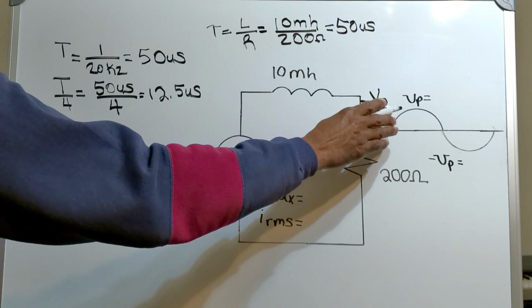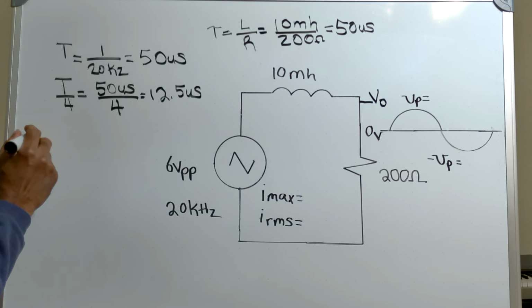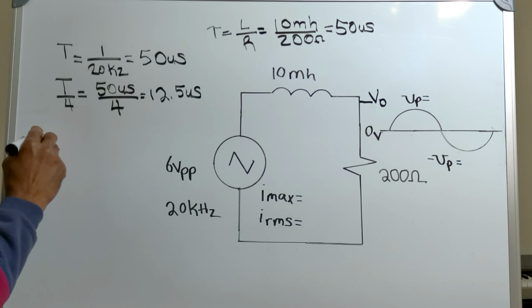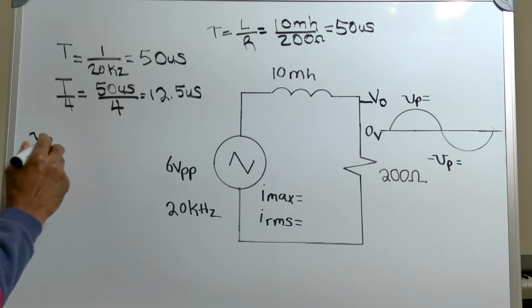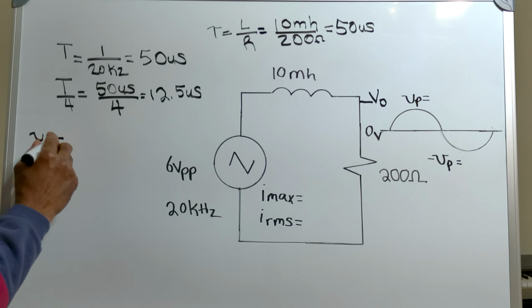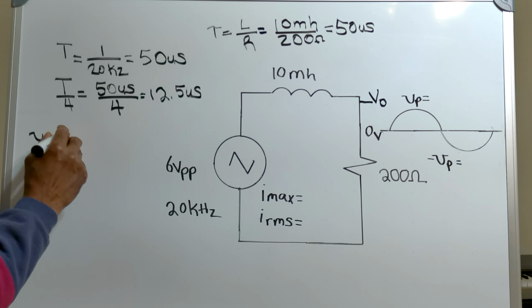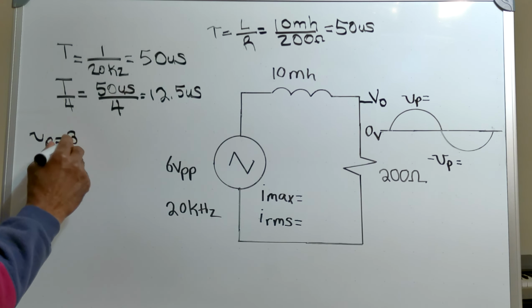Now I will find my peak voltage. V peak equals 3 volts.